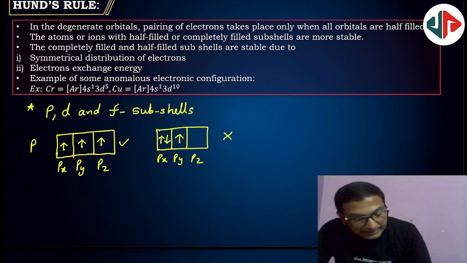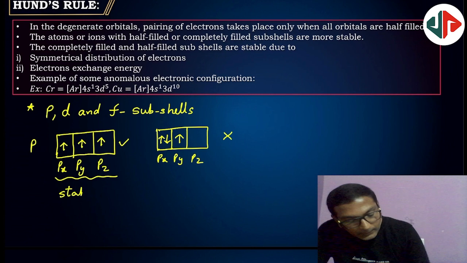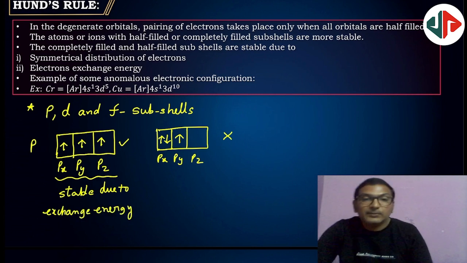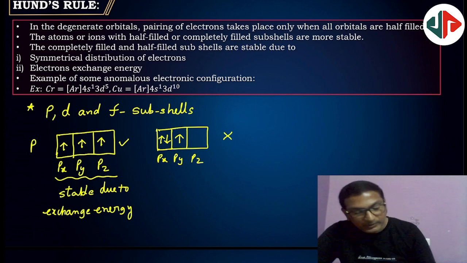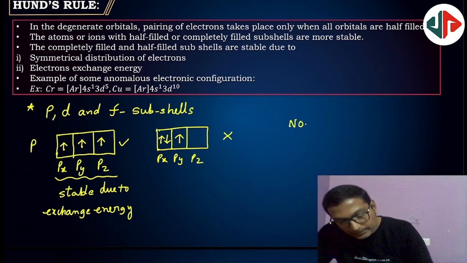So why? Because here there is exchange of energy. It is stable due to exchange energy. What is exchange energy? Here 2 electrons will be exchanged out of 3. That means we can calculate the number of exchange pairs.